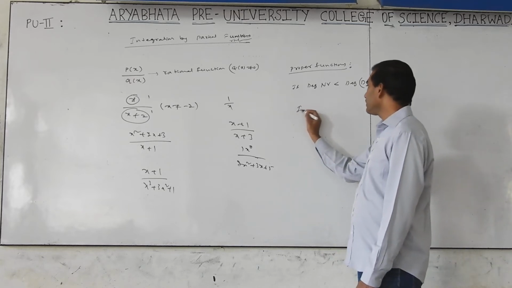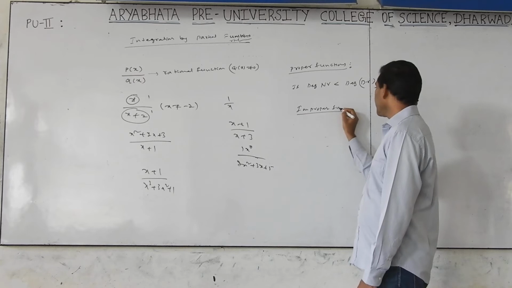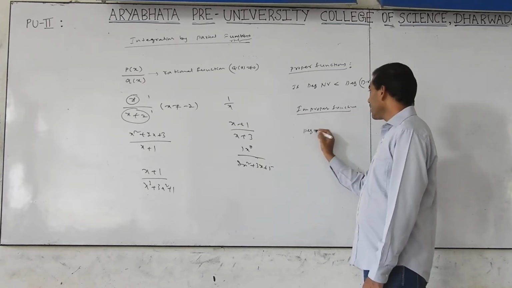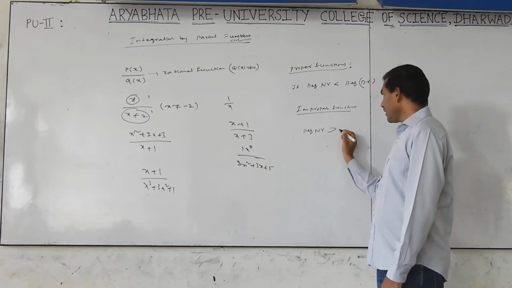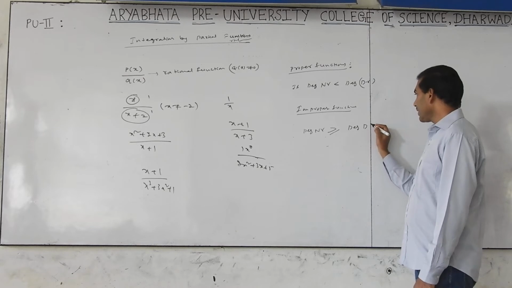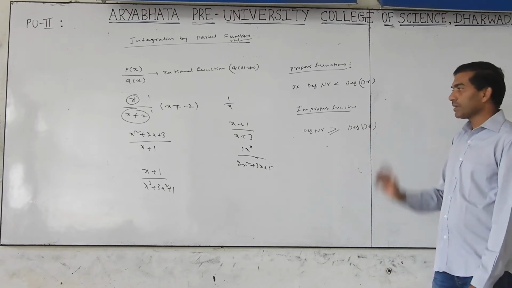Next, improper. Improper function, or improper fraction, means the degree of the numerator is greater than or equal to the degree of the denominator. This is said to be improper.